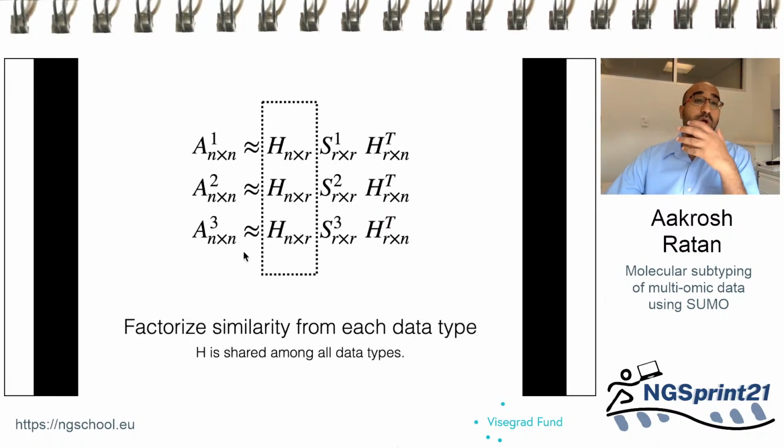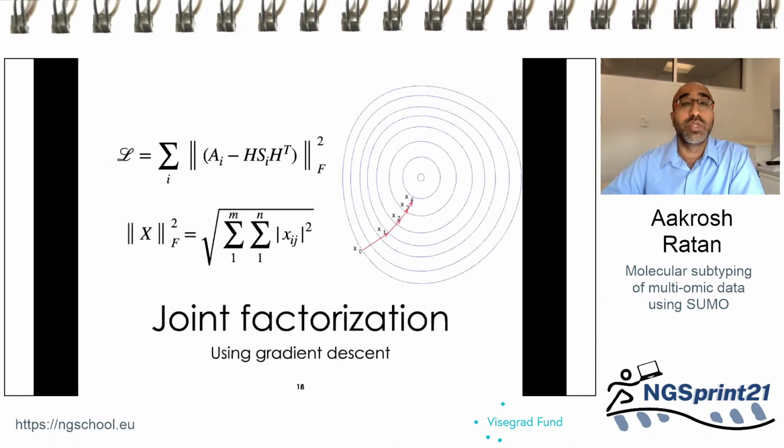So let's go back to our decomposition. It is not the traditional decomposition into two matrices, but it is a trifactorization. So you are breaking each adjacency matrix into H, assay-specific S, and H transpose. Again, H is shared in all these data types. So how do we do this?